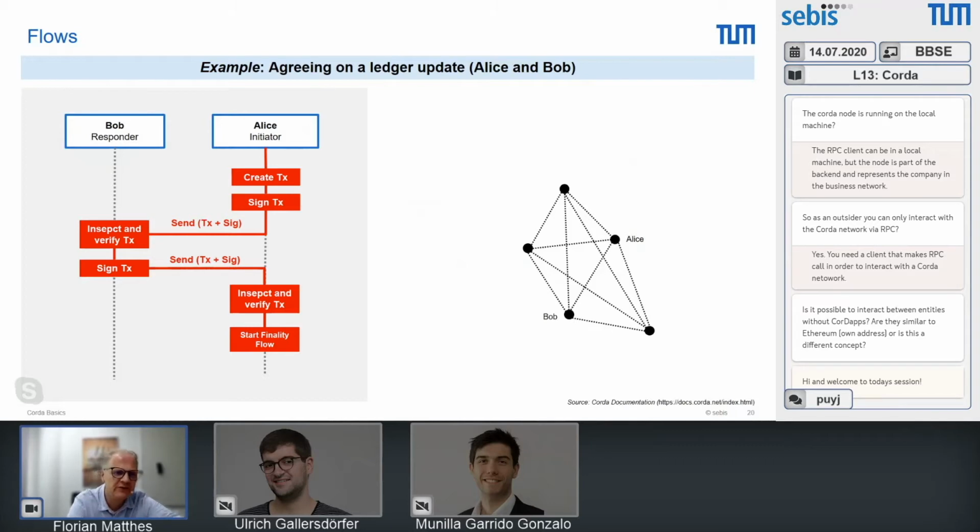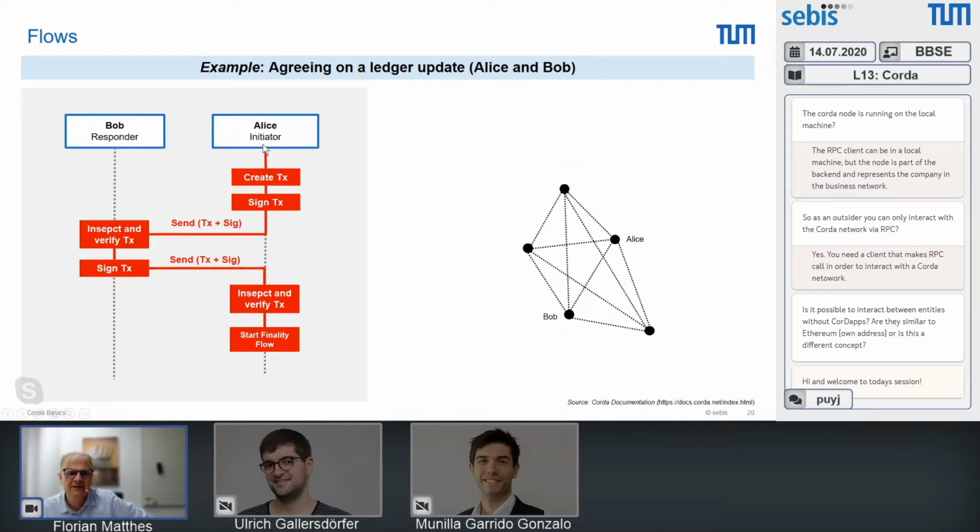So this is Alice and Bob. Alice and Bob are two nodes in the network on the right-hand side. So we have this network, and we have two parties, Deutsche Bank and Deutsche Börse, here Alice and Bob, and they now want to create a flow between themselves. So we look at the life cycle of Alice. Alice initiates a flow, which is indicated here by this dotted line, which is a context.